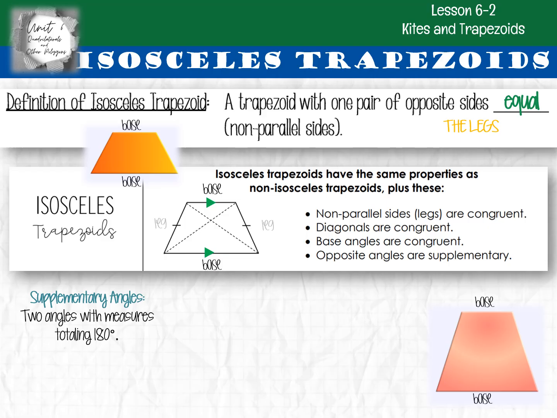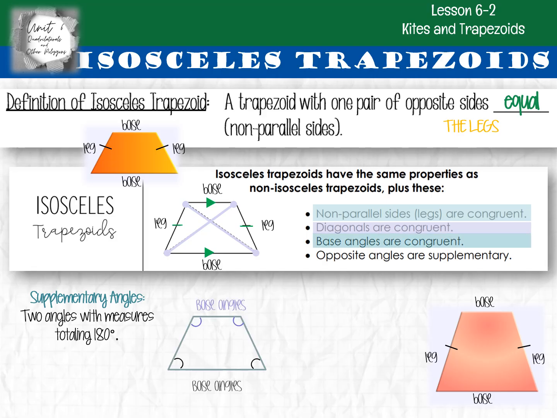Diagonals are going to be congruent. There we go. That's the best way of marking those. Base angles are congruent. So I rewrote that because we got those diagonals kind of getting in the way. So there we go. We have our bases. And if it's an isosceles trapezoid, the base angles are congruent.